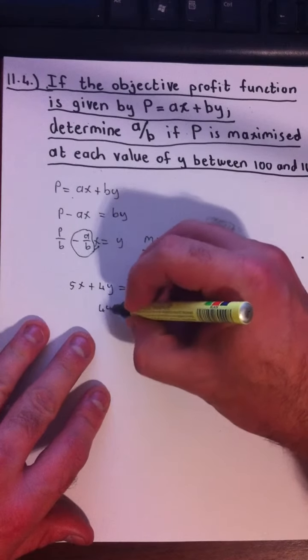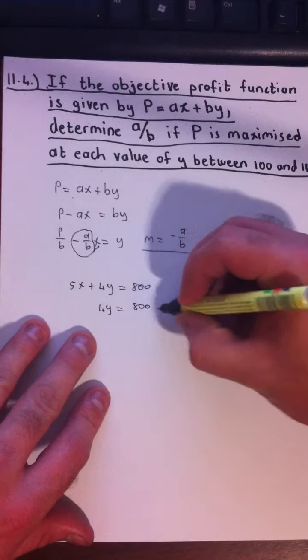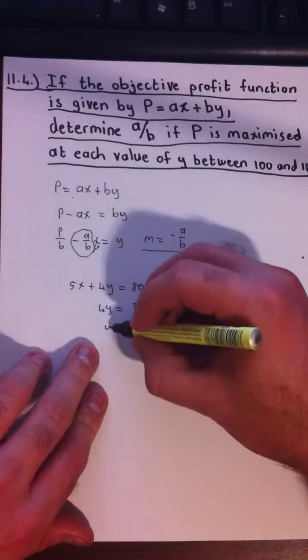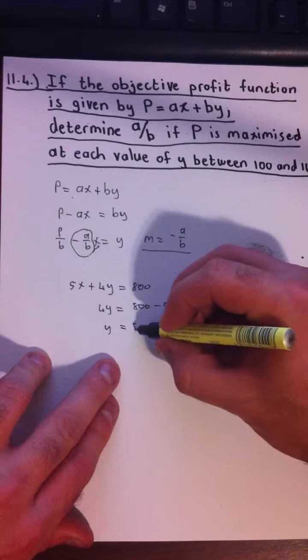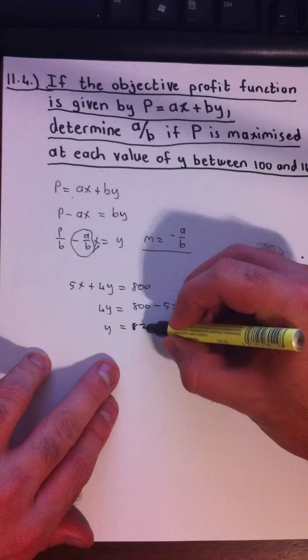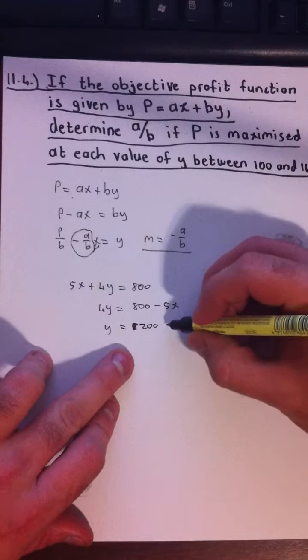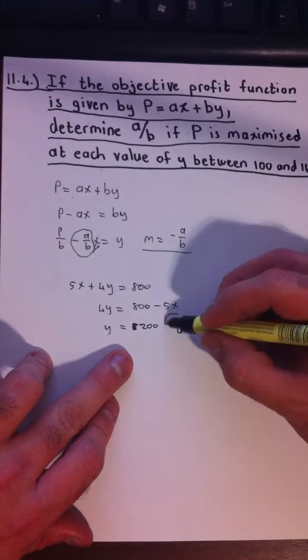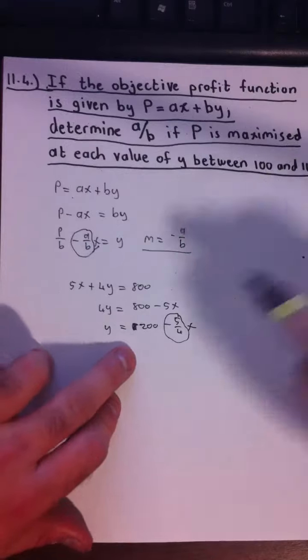Well, let's say 4y is equal to 800 minus 5x. Divide both sides by 4, we've got y equals 200 minus 5 over 4 x. Okay, so this gradient is negative 5 over 4.